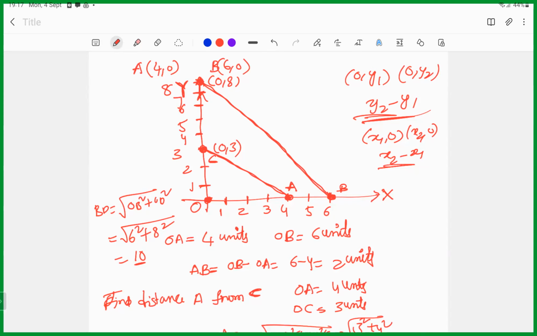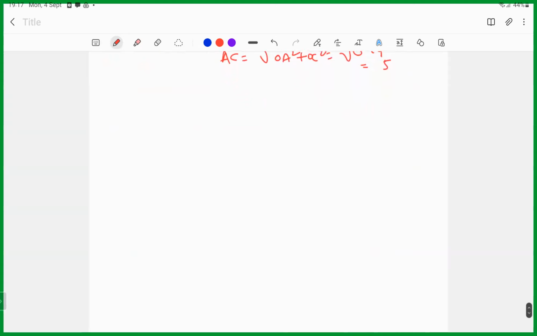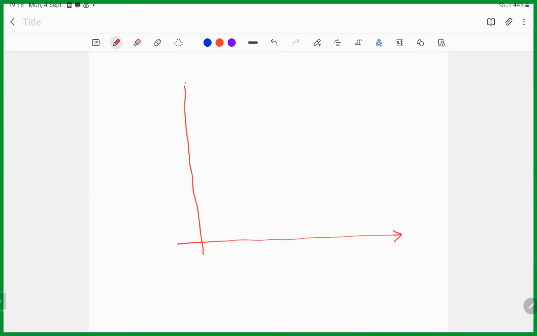In figure 7.3, let's take a figure. First draw the axes: 1, 2, 3, 4, 5, 6, and then 1, 2, 3, 4, 5, 6, 7, 8.